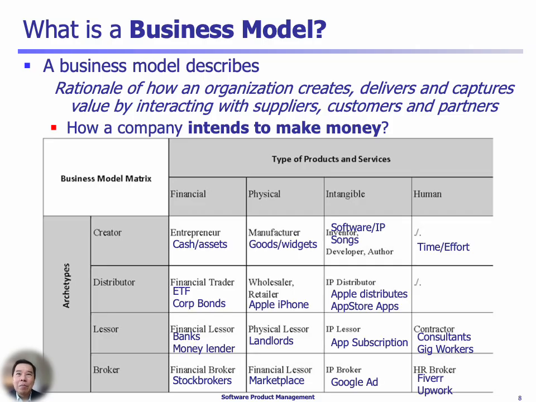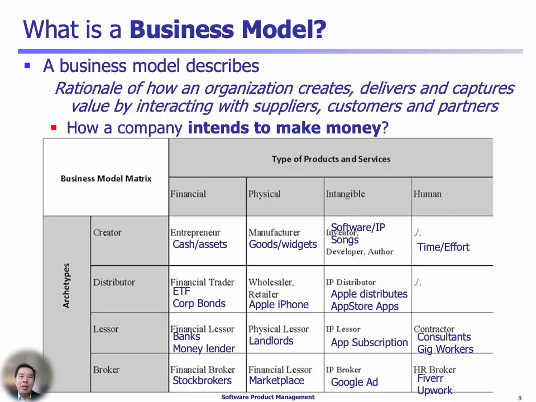So let's look at some of these examples. A simple one, let's begin with financial. Your cash, your asset: you are the creator of these cash assets, and as a distributor, you collect cash and assets that are given to you from the investors, and you sell them, ETFs and bonds.